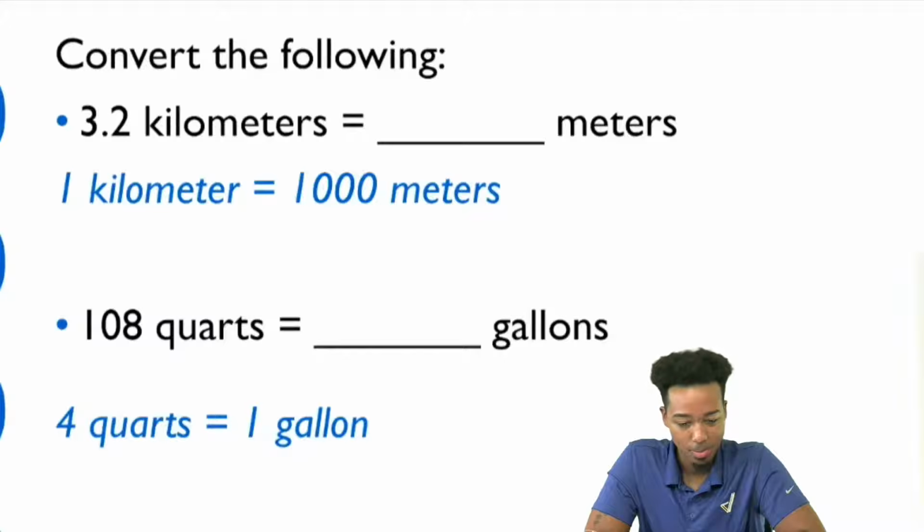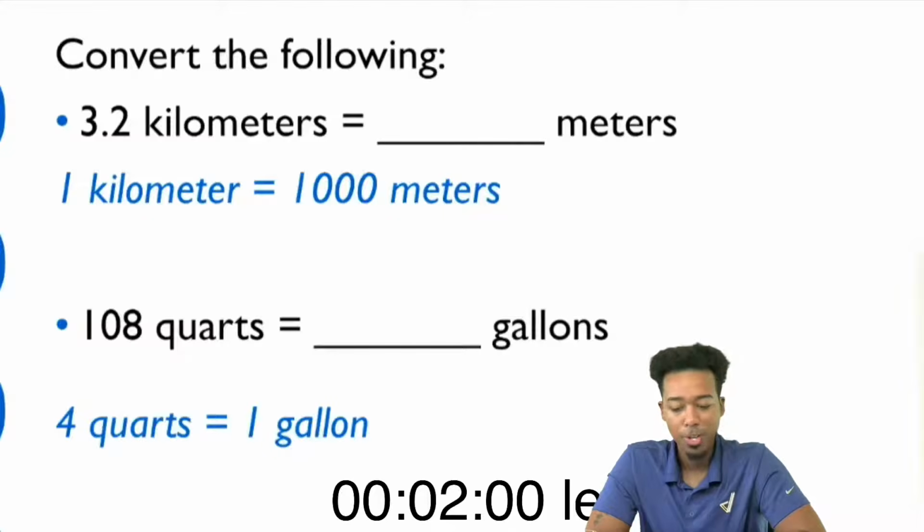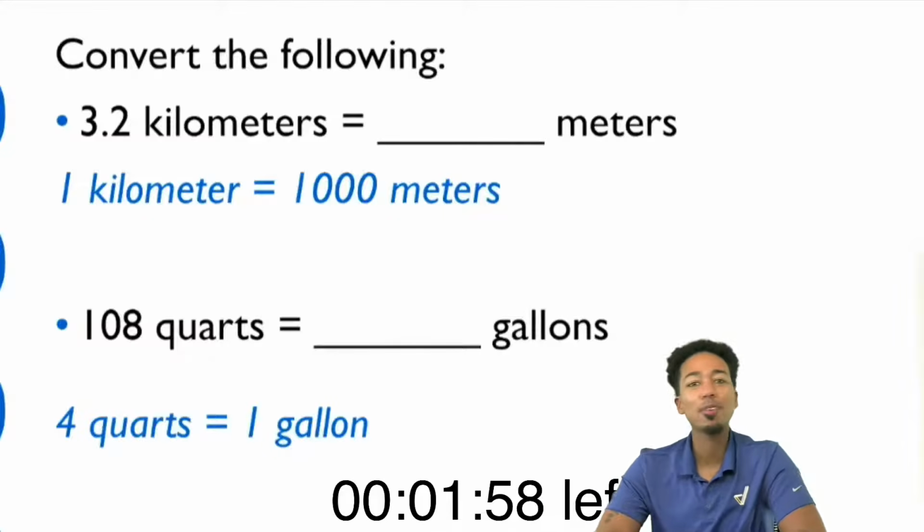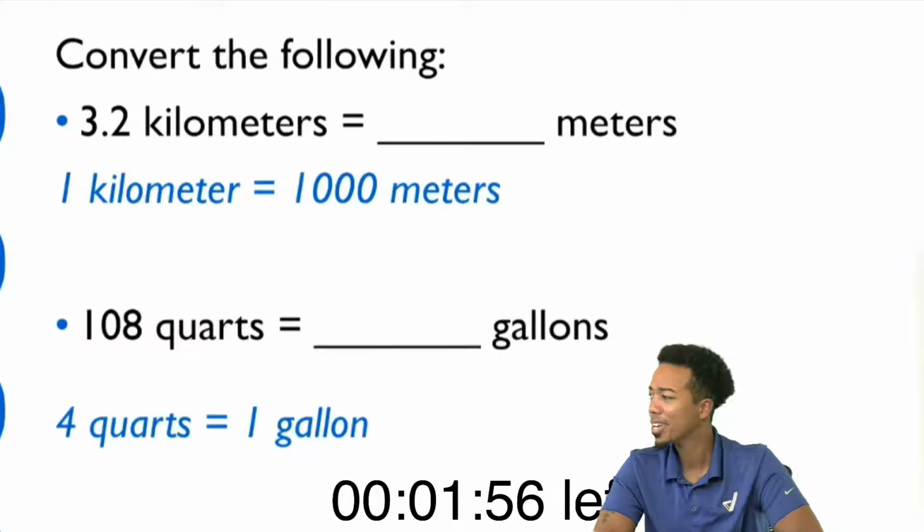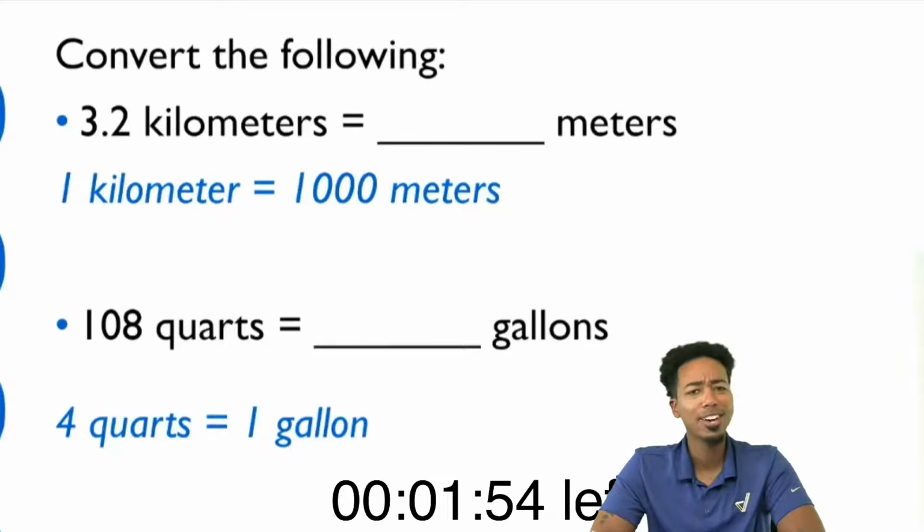Here is my stream timer. And 2 minutes starting now. I'm putting this timer up on the screen for you. Just give it your best. Go ahead and try whichever method you'd like, the conversion rate or the big small method. Try it out and we'll come back together.